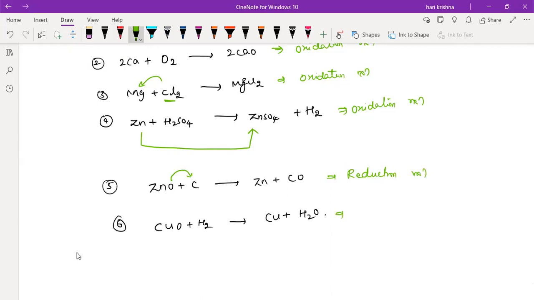What about this one? Same, oxygen is removed, so reduction. Is it clear now? Which one is oxidation, which one is reduction? It is simple: if you're adding the oxygen, it is oxidation. Is the sixth one redox? Sixth one is the redox only, actually.